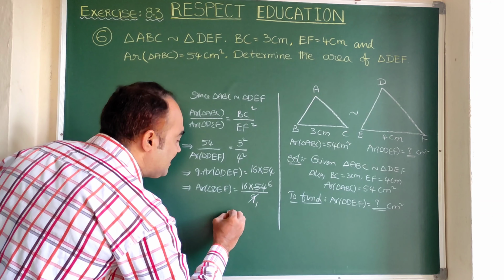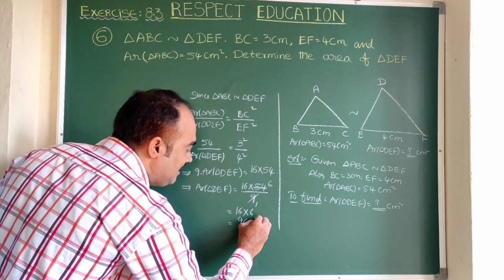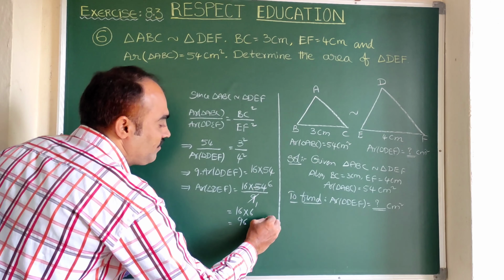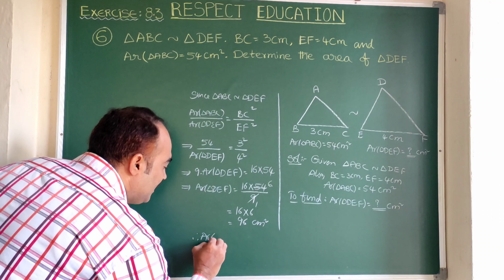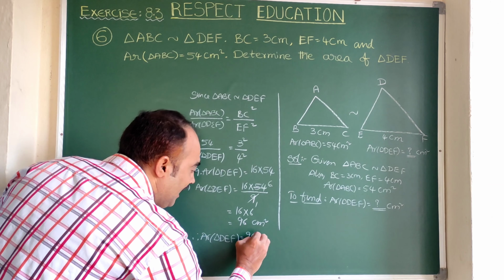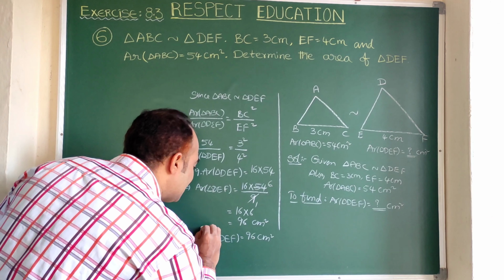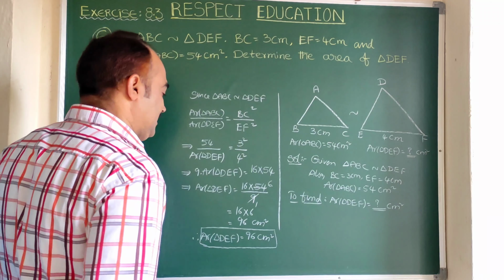So here we get 16 into 6. 16 times 6 is 96 centimeter square. Right? Therefore area of triangle DEF is 96 centimeter square. This is the final answer for this problem, the sixth one.